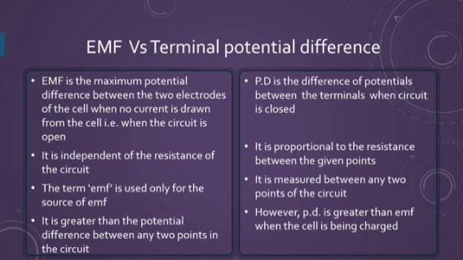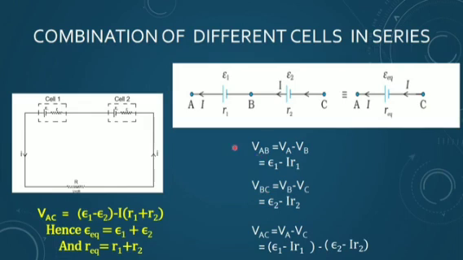Now, if I want to talk about the combination of different cells, the first case is in series. If I am having series, it means I am connecting the negative of the cell with the positive of another cell, and so on. So if these are the two cells, of course the direction of current is from positive to negative, so it is going from right to left, you can see.